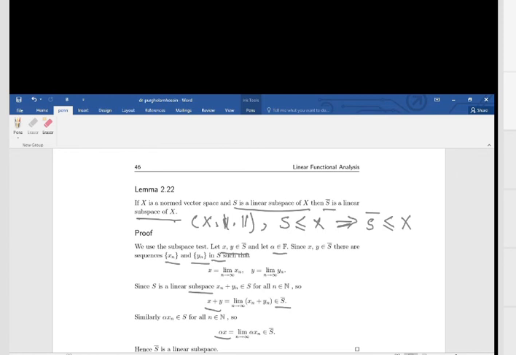For proving this, we say that because x and y are in S bar, there are sequences xn and yn in S such that x equals the limit of xn and y equals the limit of yn. This is true for any member of S bar.